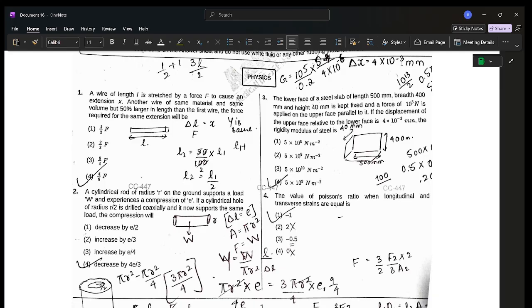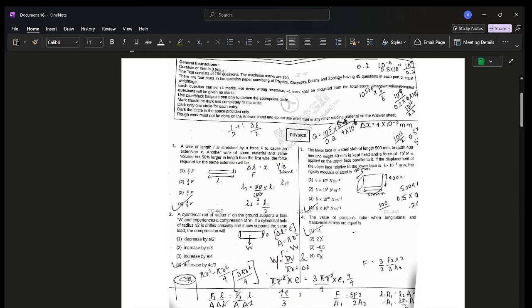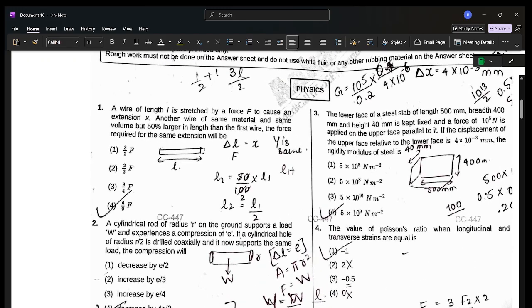Somewhere here you can see that I've made a huge blunder, because they've told us, if I decode it properly, length L stretched by a force causes an extension. So you could draw it in your book: initially there was a rod with length L and you put in some force.